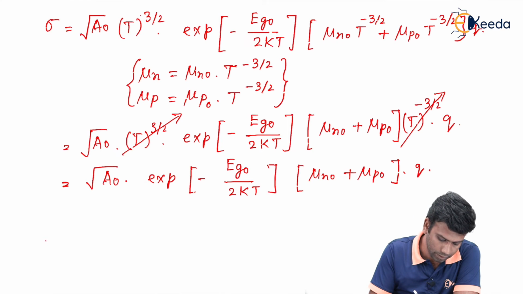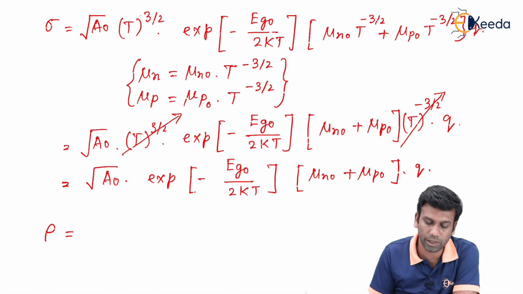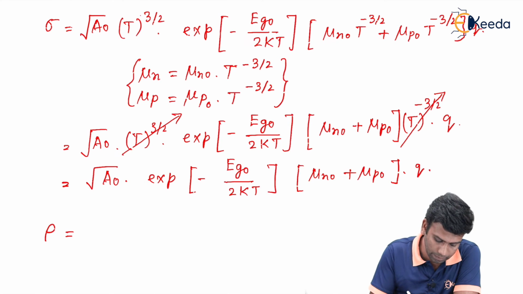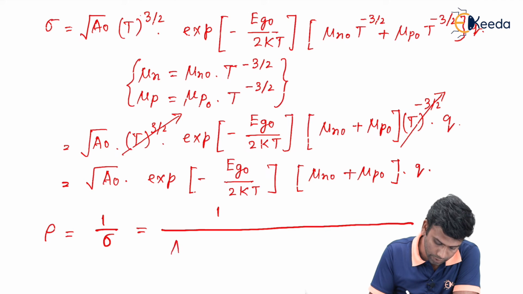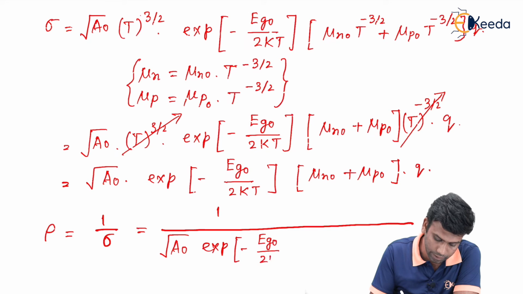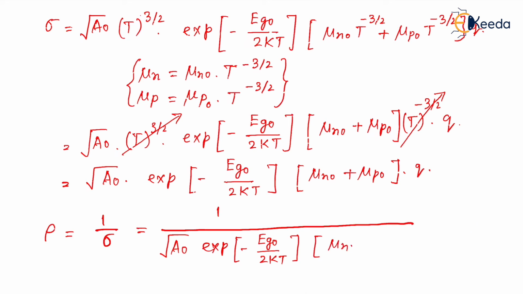Similarly, we can calculate the value of the resistivity. It is nothing but the reciprocal of the conductivity value, that is 1 by root over A0, exponential minus Eg0 divided by 2kT, into (mu n0 plus mu p0) into q.